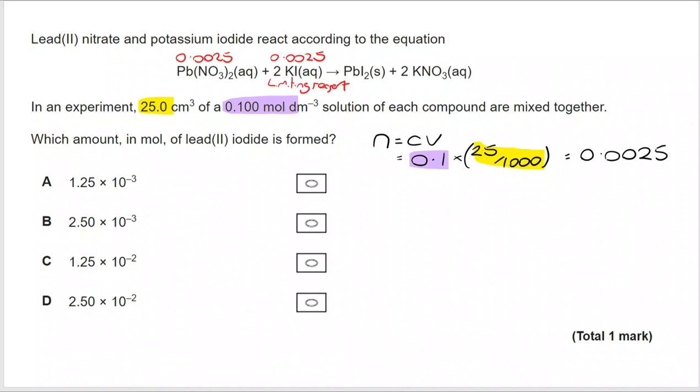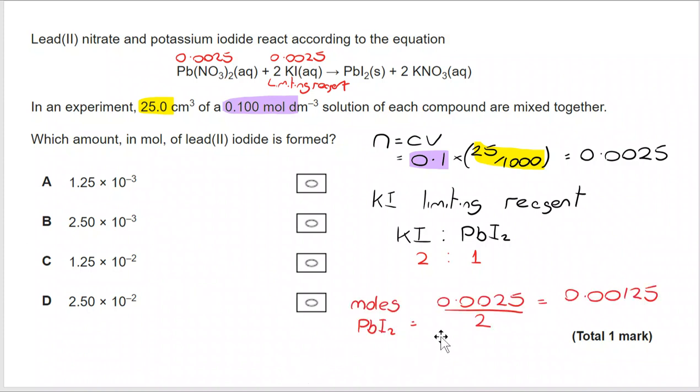Now from there, I can see that if 1 mole of lead nitrate reacts with 2 moles of potassium iodide and I have 0.0025 of each, I'm going to run out of my potassium iodide first. That becomes my limiting reagent. And if that's my limiting reagent, I can use the mole ratio of KI to lead iodide, which is 2-to-1, to find out how many moles of lead iodide I would have ended up with.